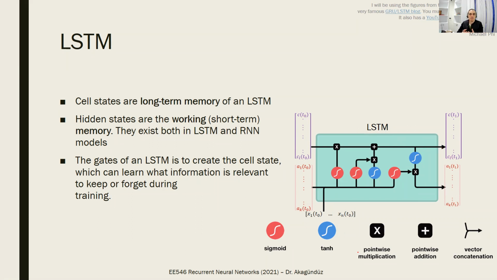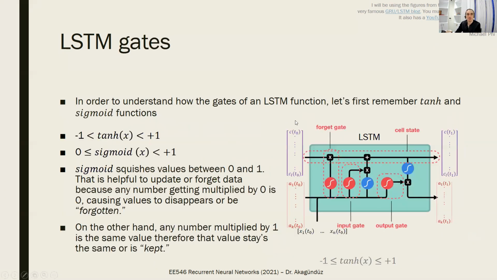So the gates of an LSTM, as we just said, create the mechanism for that long-term memory via the cell states by keeping the information, forgetting the information, or slightly updating the information. Those are the three things that you can do. That's why we have three gate structures. This one is the first structure, this one is the second, and this one is the third, which we are going to cover one by one.